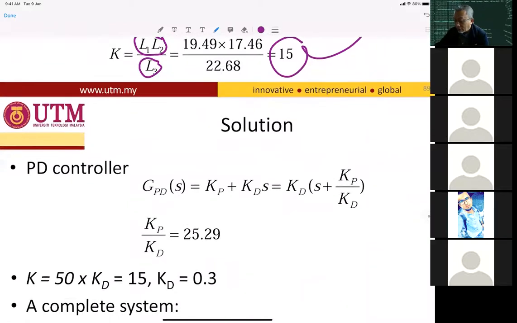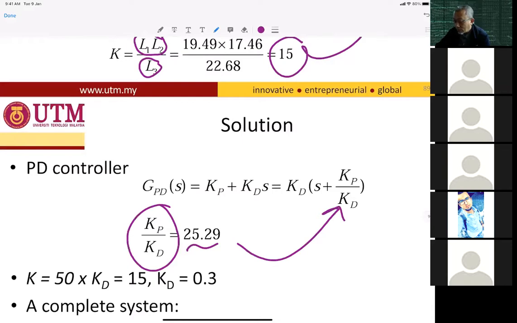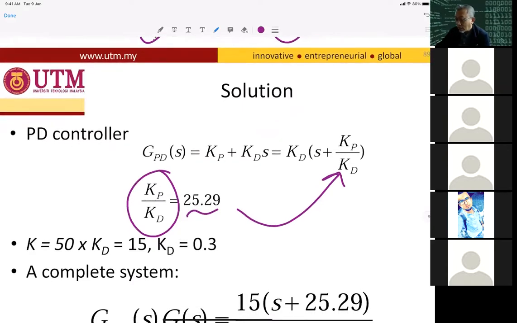For the ratio KP over KD, where we locate the zero at minus 25.29, the ratio will become positive 25.29, which is the zero value. And then we know that K is equal to 50 multiplied by KD.